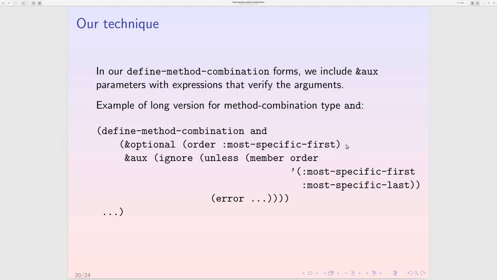And if we look at the Common Lisp HyperSpec, that's all that is specified here, which means that there is no verification that the optional argument is either most specific first or most specific last. We fixed this problem by introducing this aux parameter that here is called ignore, and an initialization form that checks that the order is a member of this list of the two.